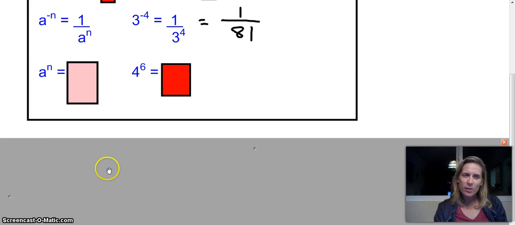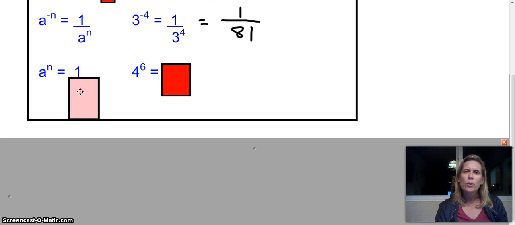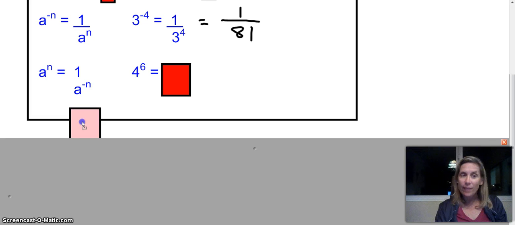So the converse of that would be to take a number that does not have a negative exponent. You know, we could move that entire expression to the inverse location. We could move it to the denominator as long as we change the exponent to the opposite, right? So a to the n could also be written as 1 over a to the negative n.